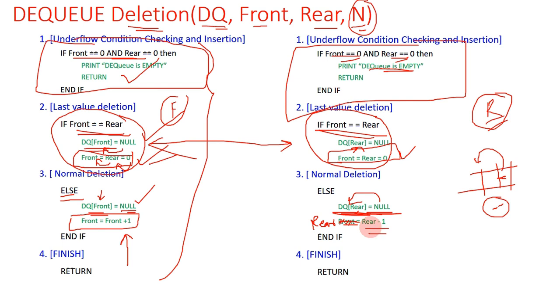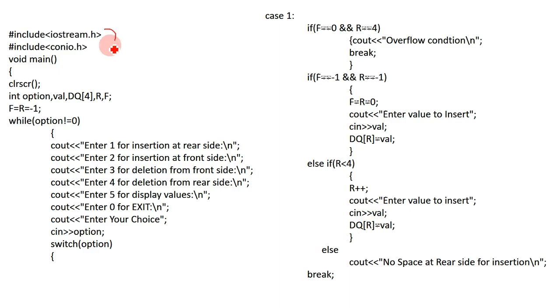Now let's move to the implementation. These are the header files, and this is the DQ of, this is not 4, okay, this is 5 values, because here I am using this if r is equal to 4.